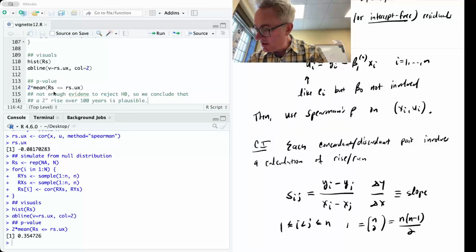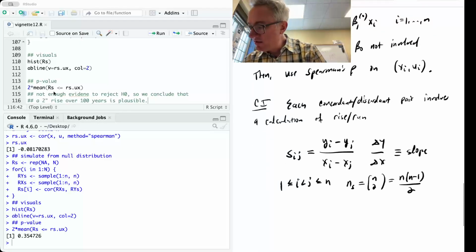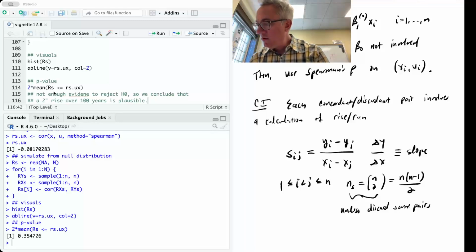And let's call this ns. And this equality is going to be true unless we discard some pairs, in which case we might end up with fewer than n choose 2 unique pairs. But we don't have that problem in these precipitation data. But more on that in the book if you're curious.